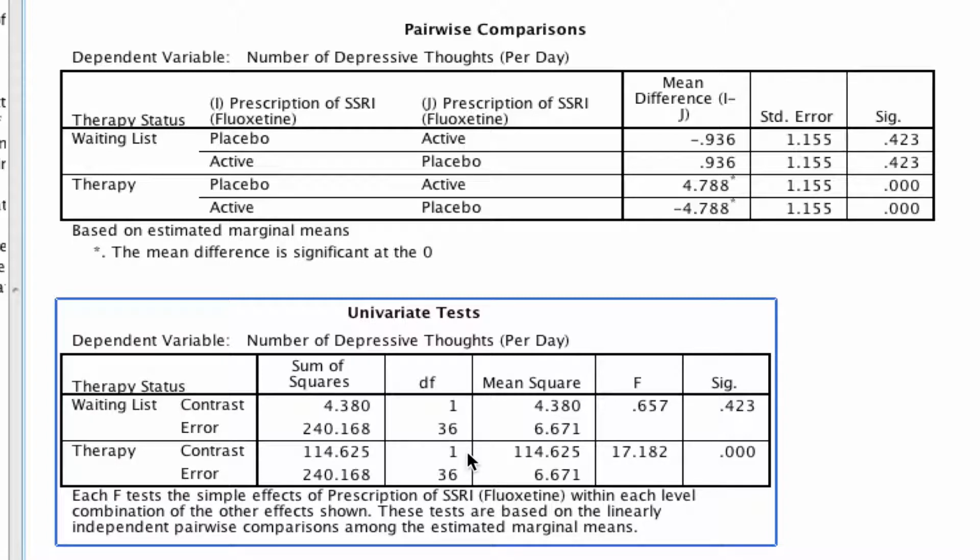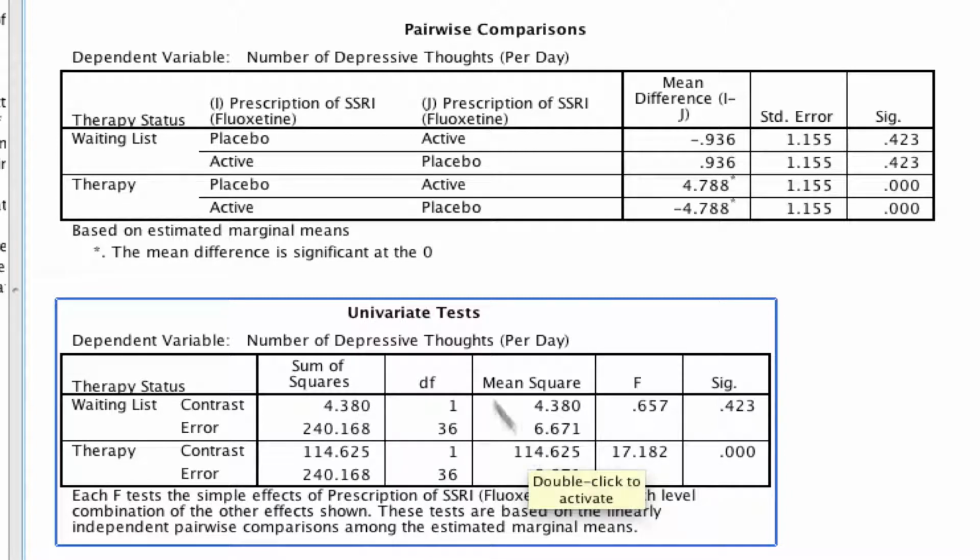We have to remember what we split it based on, because you will get different answers depending on what you split it based on. So we want to split it based on whether an SSRI was prescribed or not, and then run 2 univariate ANOVAs effectively on therapy status.